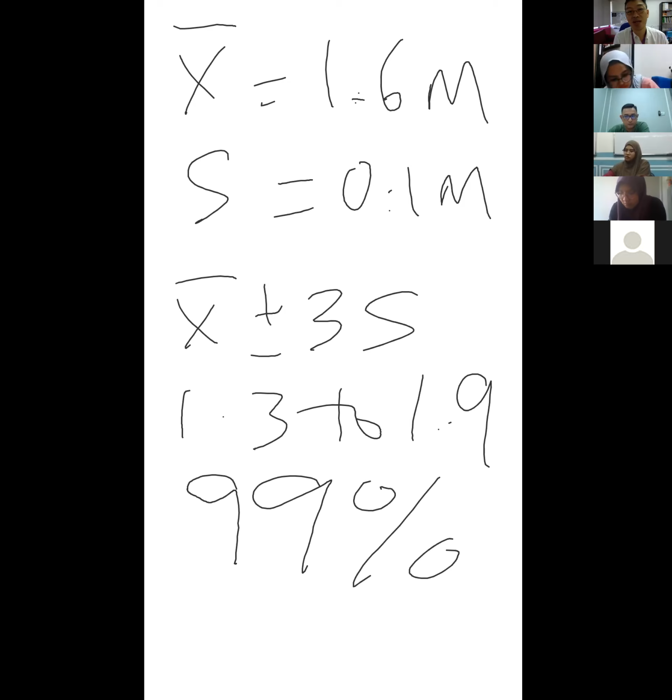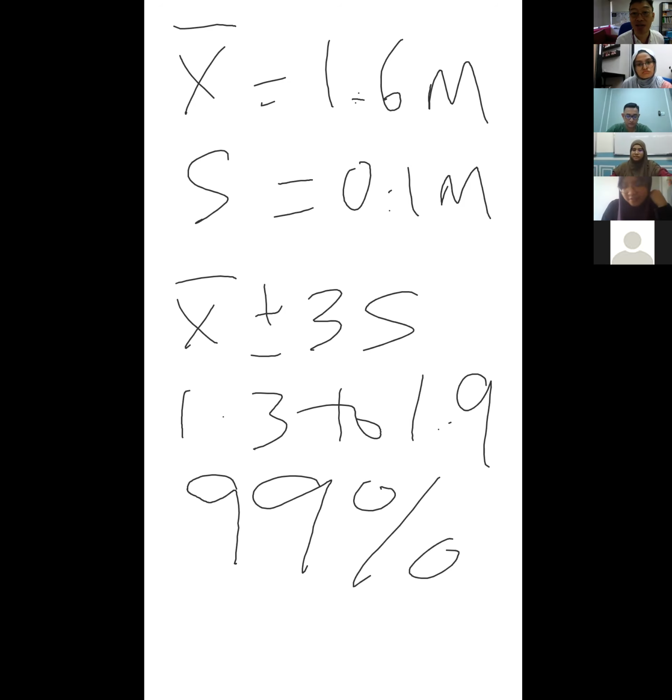So what does 99% mean? It means that the whole population of Malaysia falls within 1.3 to 1.9. Therefore, we can make a decision. If we want to build a door that will allow 99% of the people to go through, we can build, let's say, a 2 meter height.